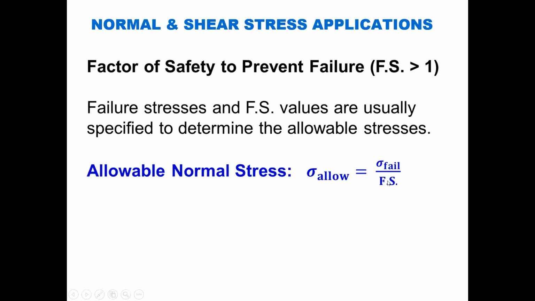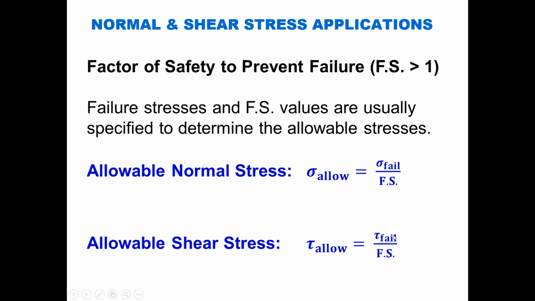And we have a factor of safety of 2. And so obviously, the allowable normal stress that we would be designing to for that particular case would be 25 KSI. So that's just to make sure that we never come close to that failure normal stress condition.